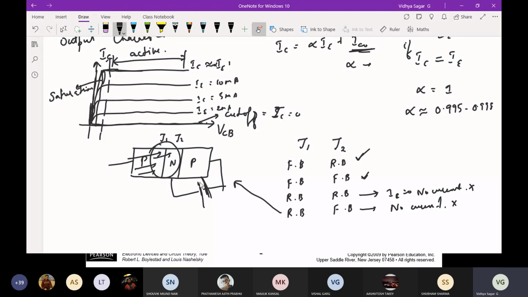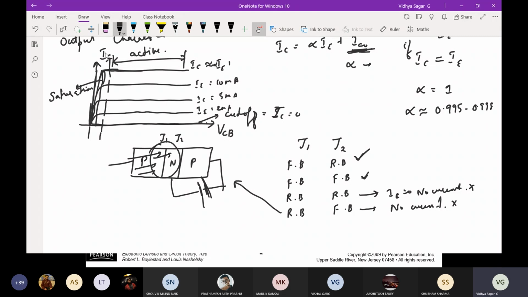The saturation voltage is determined, or you say active region, where whenever it is reverse biased, a constant current will flow. Why? Because that is due to your ICO. There is no more current left out. That is the final saturation current, the reverse saturation current offered with respect to alpha times IE. This is where you get a constant.